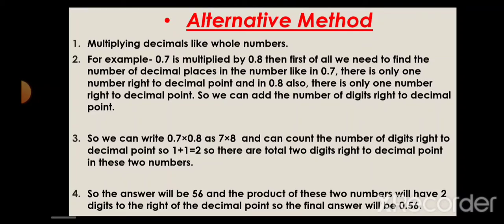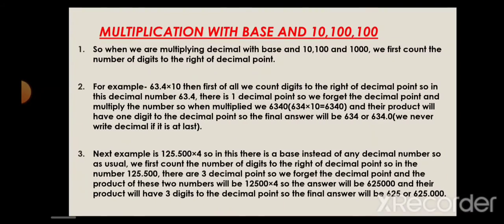Now I will move to multiplication with base numbers 10, 100 and 1000. When we are multiplying a decimal with 10, 100 and 1000, we first count the number of digits right to the decimal point.